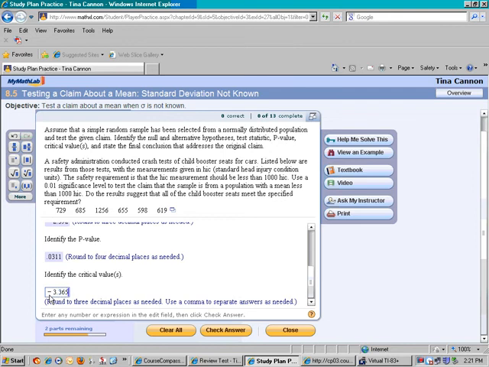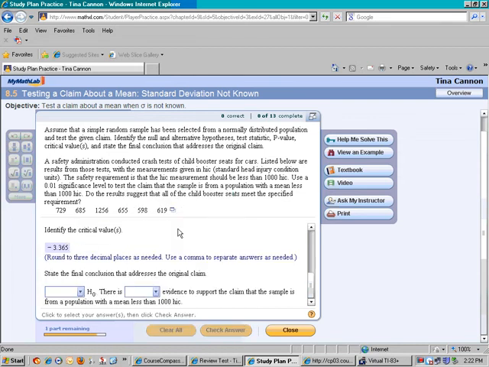There are two critical values, a positive or negative. You determine which one you'll use based on the tail. If it's a left tail, it's negative. If it's a right tail, it's positive. If it's a not equal, you actually put both of those in with a comma. And we check our answer, and it's correct.